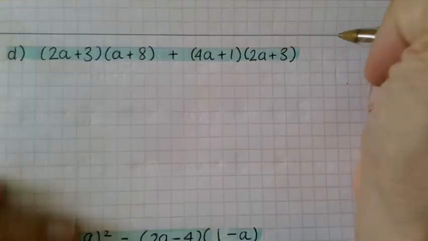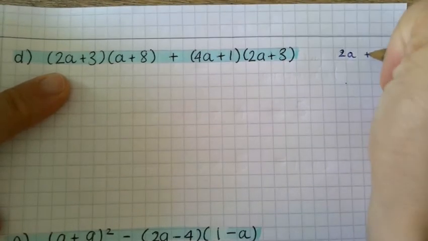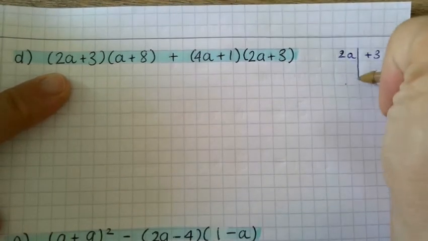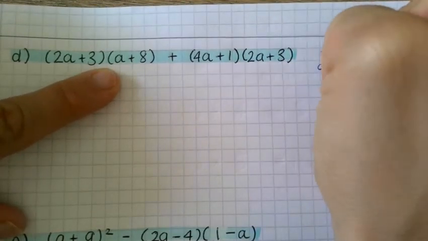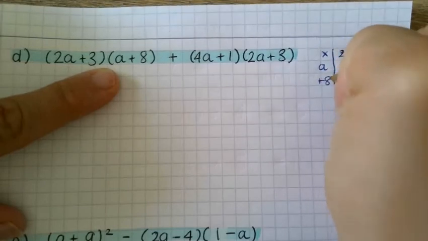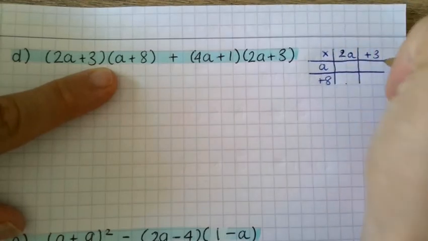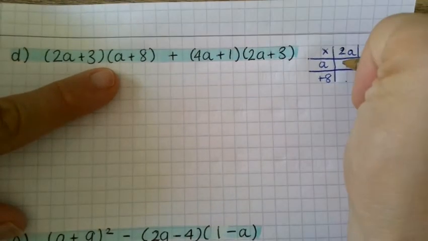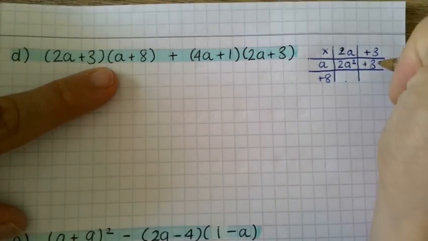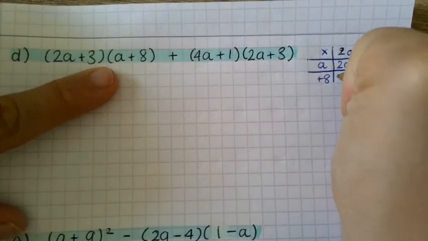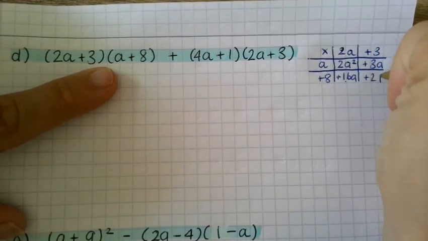So I'm doing 2a plus 3 and I'm multiplying that by a plus 8. And this is going to give me 2a squared, positive 3a, positive 16a, and positive 24.